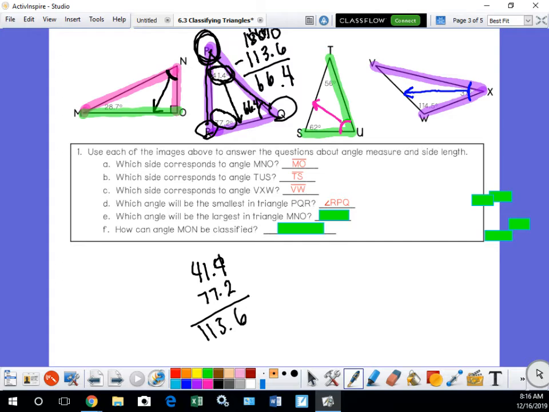All right. On E, it wants to say which angle is the largest angle in triangle MNO. So MNO is this first triangle here. We've got a 28, let's move that. We've got a 28.7 here. If it has a little square in the corner, that means it's a 90-degree angle.